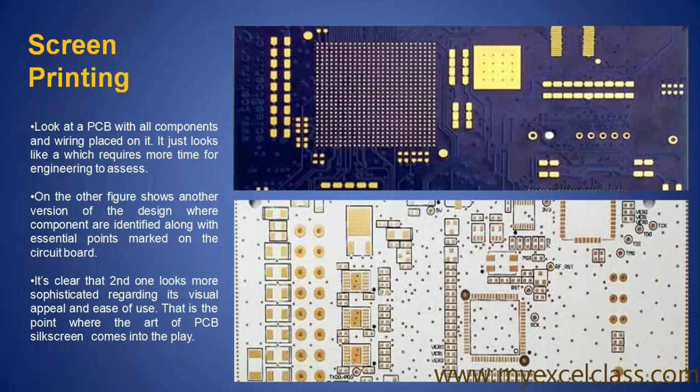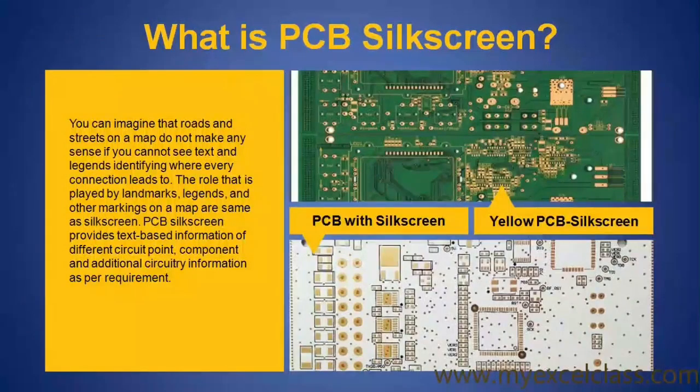So that is the PCB silkscreen process, and the color of the silkscreen. So you understand a basic idea of what the PCB silkscreen is. In my next slide, we discuss what the PCB silkscreen is.